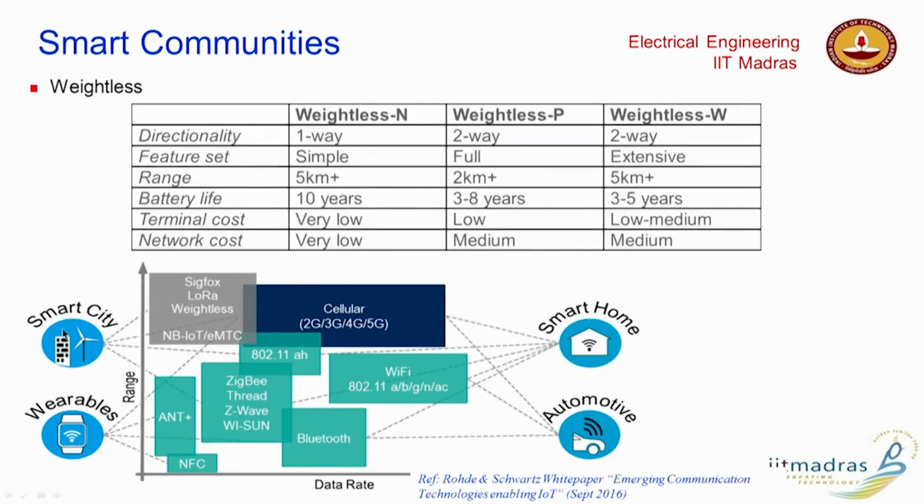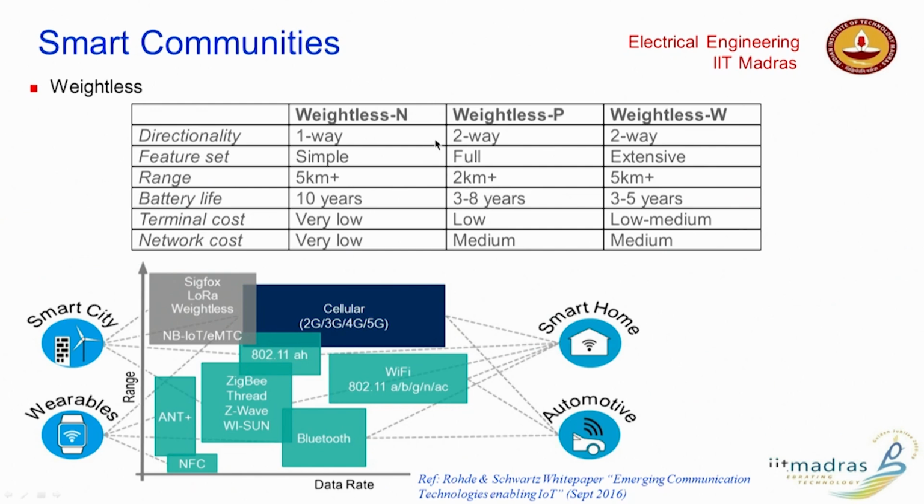So, let us look at one of those. There is a technology called Weightless. This is a technology that has been specifically optimized for long range. But how does it achieve a battery life of 10 years, or even 3 to 5 years? Weightless has 3 flavors.